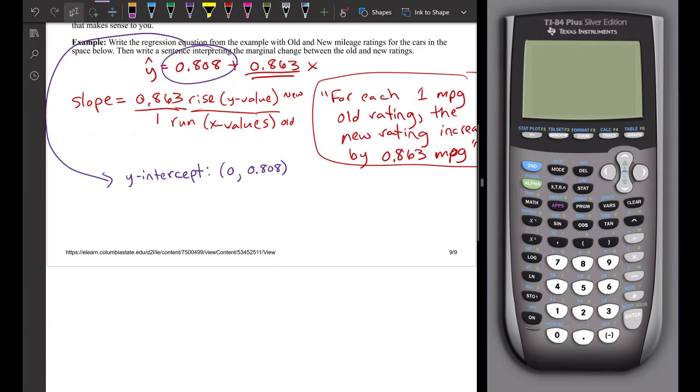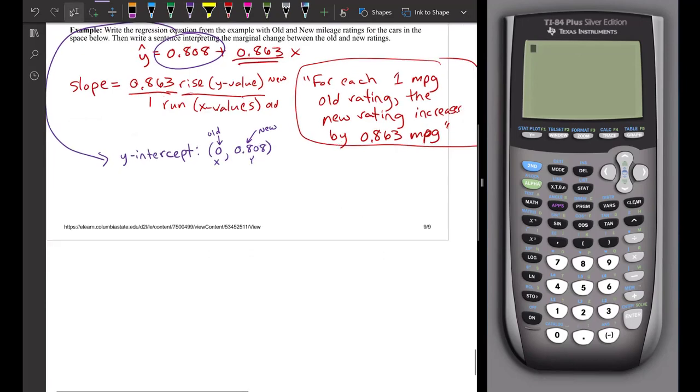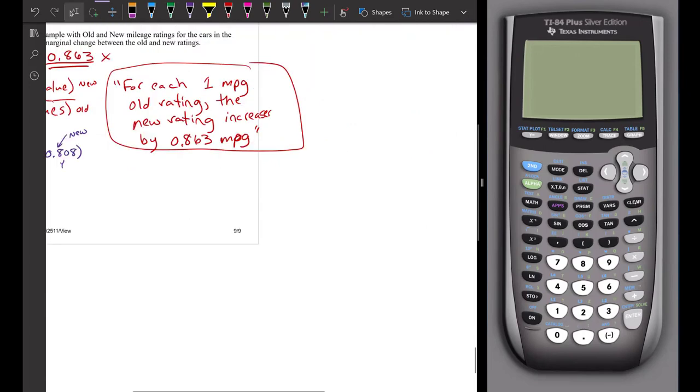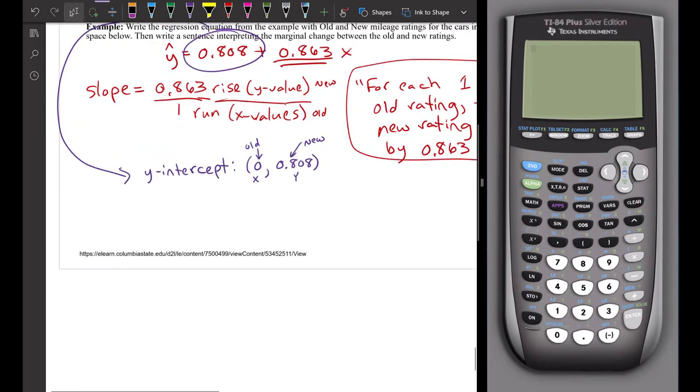But if you remember the x value, remember that's your old ratings. So that's your old ratings, and this is your new ratings. When you talk about x and y, right? Like that's what an ordered pair is. It's an x, which for the y-intercept it's always 0, and then a y, which for us is that 0.808 number right there. Okay. Well, what's the interpretation of this exact point?